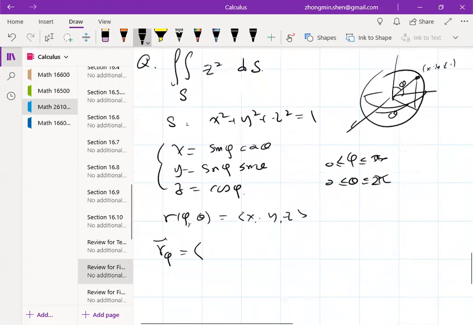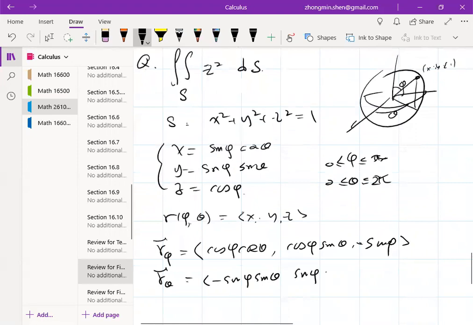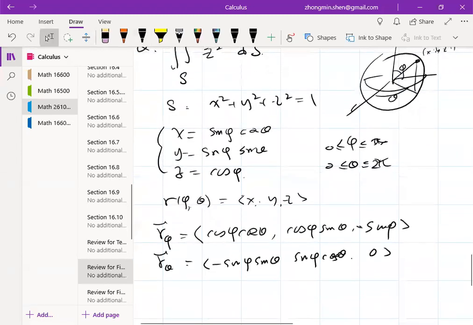The first derivative is going to be cosine phi cosine theta, cosine phi sine theta, negative sine phi. The other one is going to be negative sine phi sine theta, sine phi cosine theta, and 0. To save time, you put i, j, k here to get the cross product.